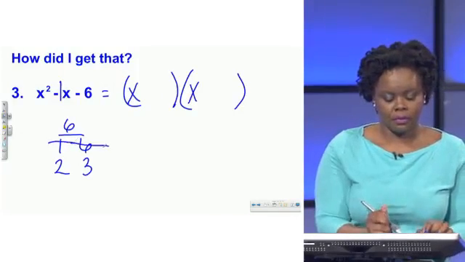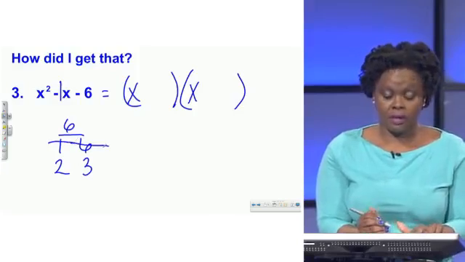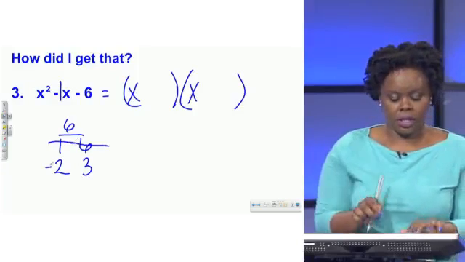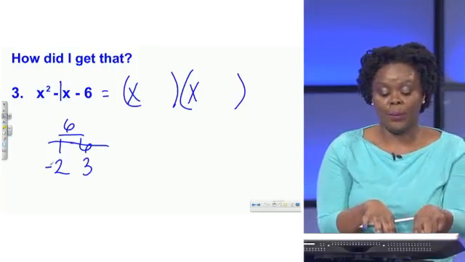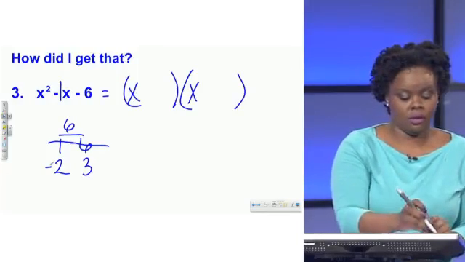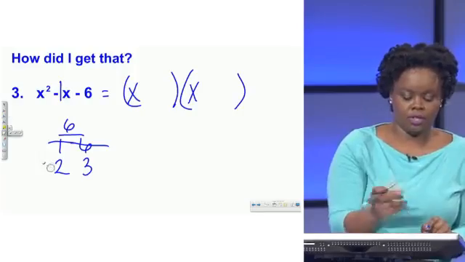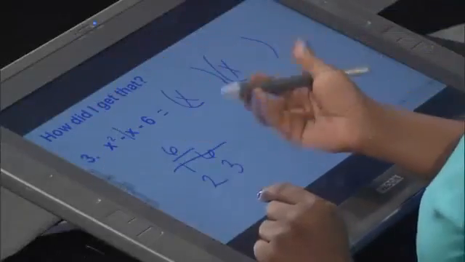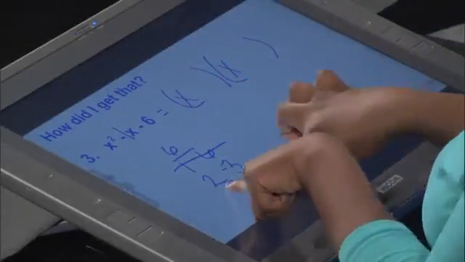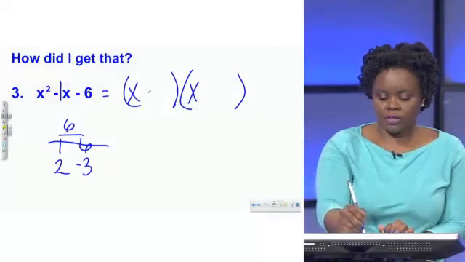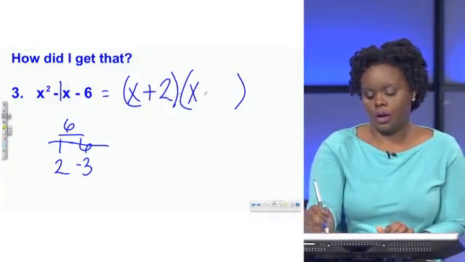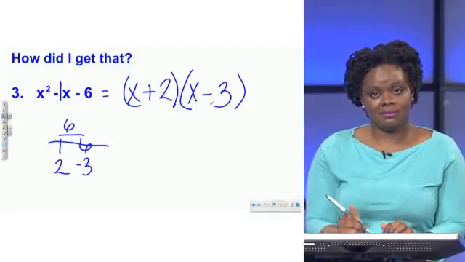All right, now for the second pair, if the 2 were negative, negative 2 plus 3, that's a positive 1, but we need a negative 1. So it's not the 2 that should be negative. It's actually the 3. 2 plus negative 3 is negative 1. So that means your factors are x plus 2 and x minus 3. Okay?